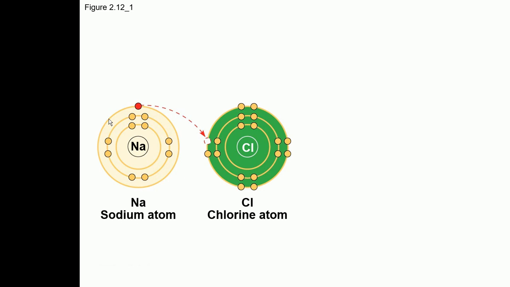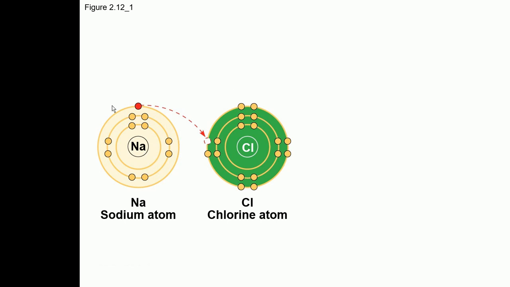Sodium is 2, 8 and 1. This electron is a problem for sodium because it is the one making it unstable. Chlorine has 2, 8 and 7, so it needs one more electron so that the last shell becomes completely filled.